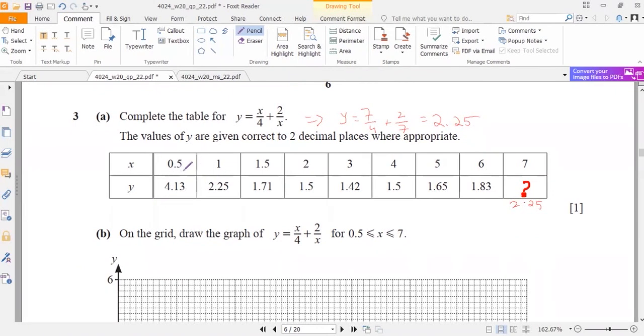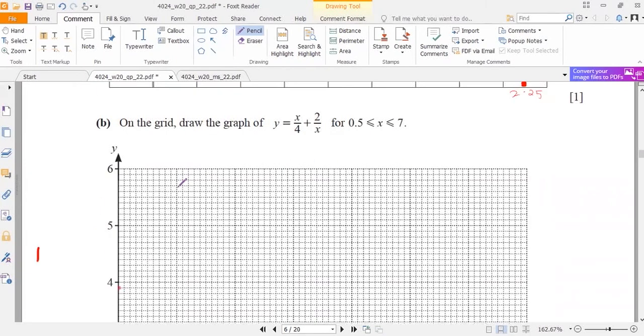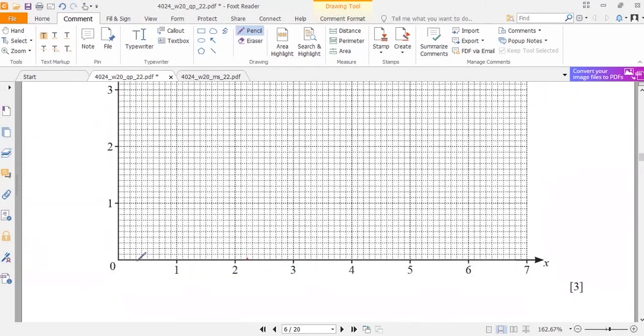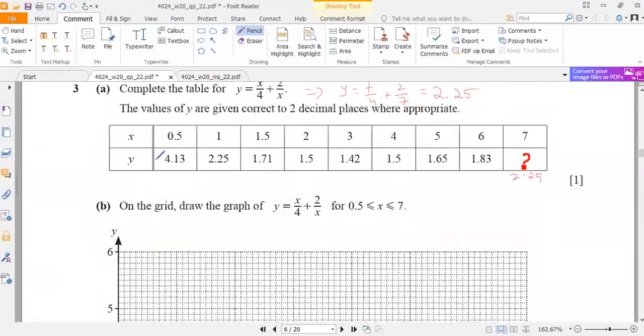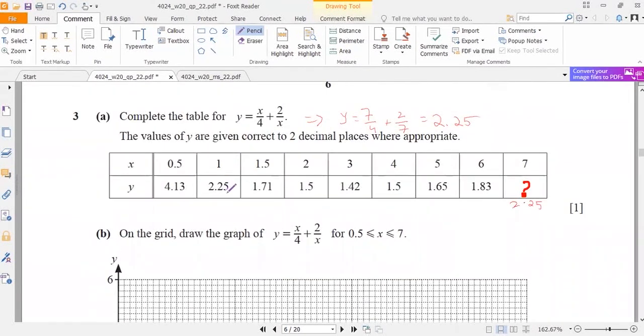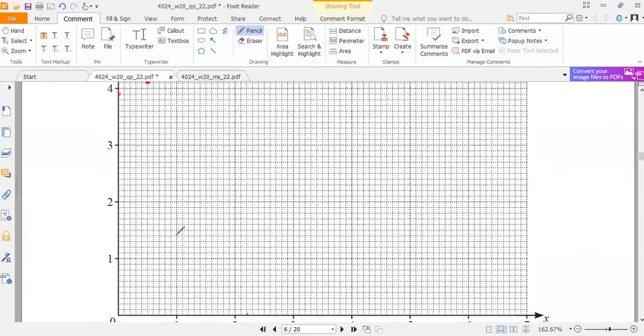For 0.5, the value of y is 4.13. This is 0.5 and 4.13, it will be around here. Next is 1, 2.25. 1, 2.25 will be here.